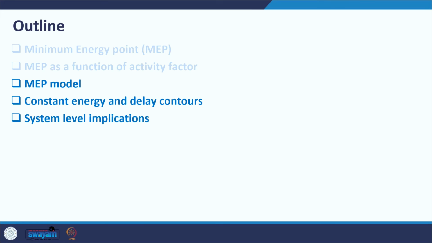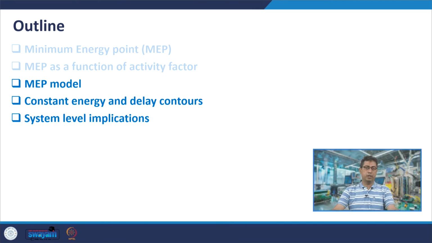So, today we will begin with our lecture 16, which is regarding minimum energy point and discussion on applications of circuit and system design on minimum energy point, and this is a part of module 2. So, we will discuss the minimum energy point model, which we had discussed in the previous lecture.